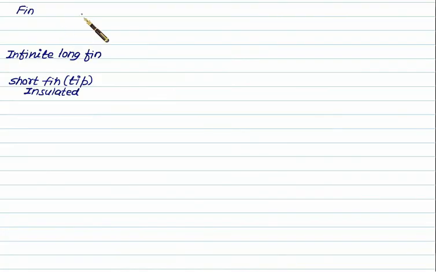In the case of a fin, theta, the excess temperature, which is basically T0 minus T, the temperature at any distance, is given by C1 e to the power minus mx plus C2 e to the power plus mx.